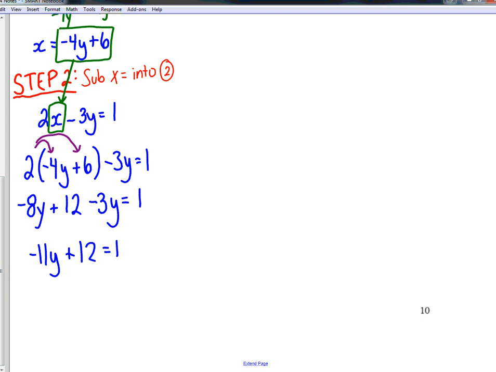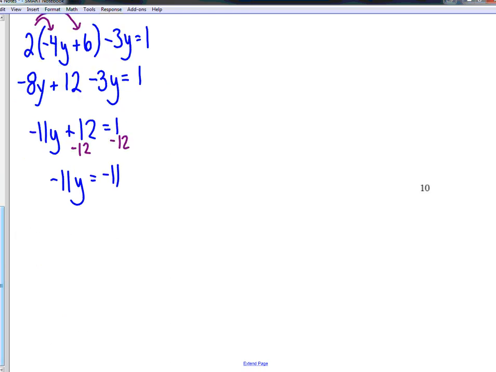Isolate y by subtracting 12. What's 1 minus 12? Negative 11. So negative 11y equals negative 11. Divided by negative 11, y is 1. Oh, that works.